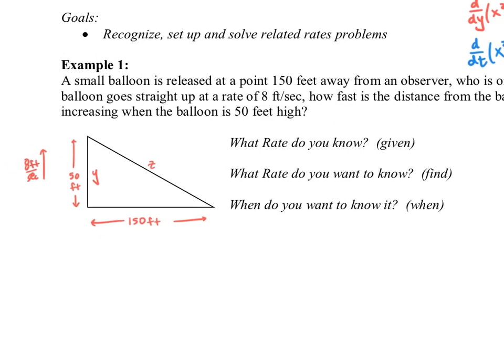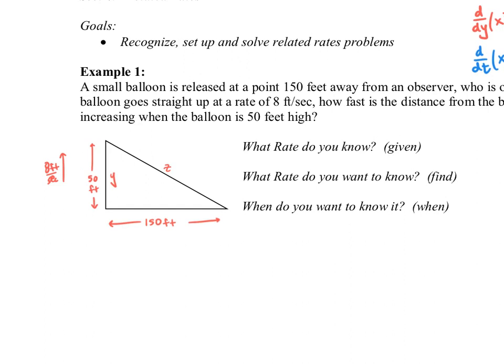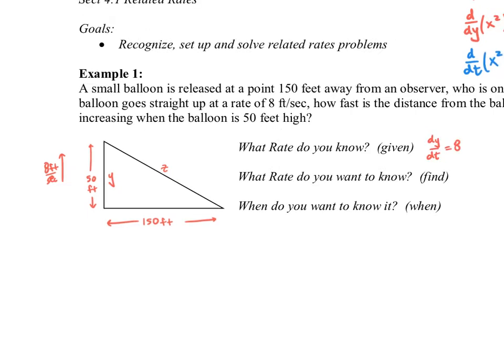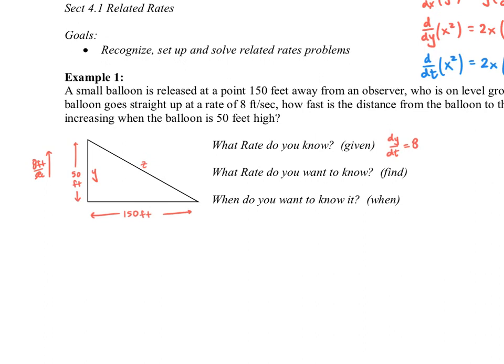We know the rate of 8 feet per second, which we're going to write as dy dt. The rate we're trying to find is the rate the hypotenuse changes, that distance. So we're trying to figure out dz dt. And the moment we're trying to analyze dz dt is when y is equal to 50.